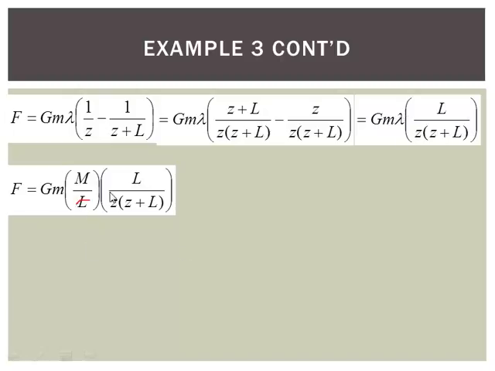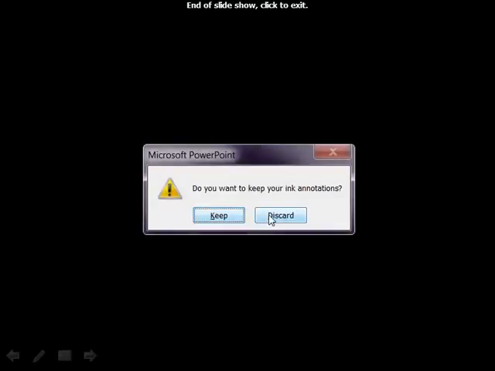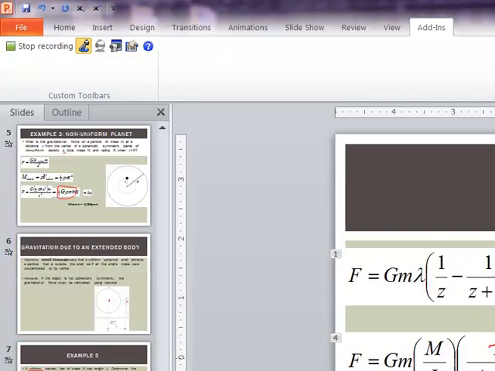So these L's will cancel out, and you'll end up with G little m big M over z times z plus L. Sorry about that. So that is that problem. You had to use calculus to solve it.